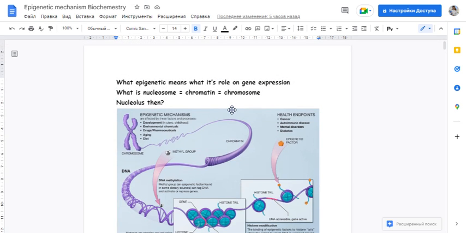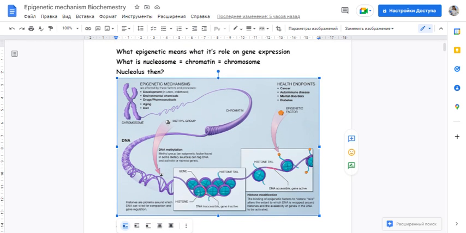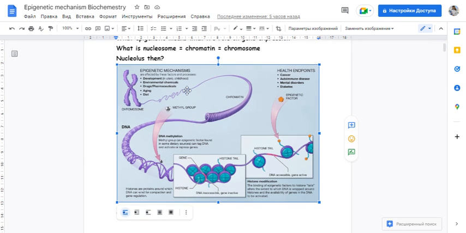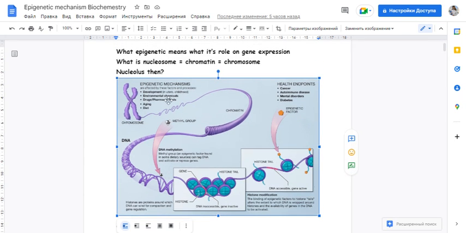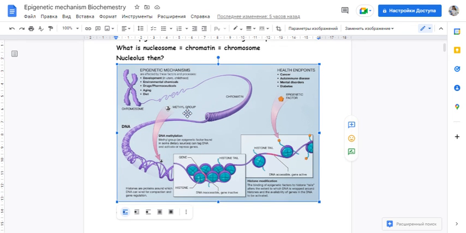So today we will continue our lectures about molecular biology, and we will be talking about epigenetic mechanism of gene expression. And as I told you in my first lecture, there's two forms of chromosome.